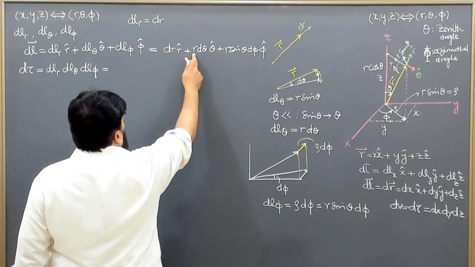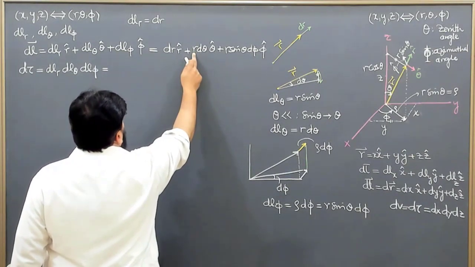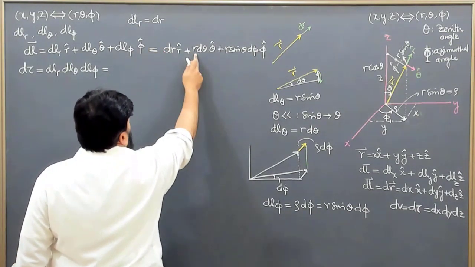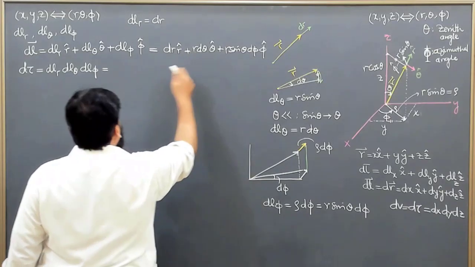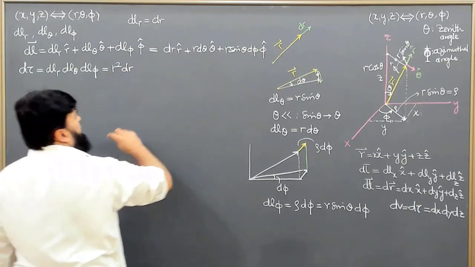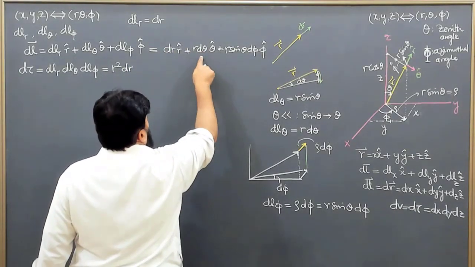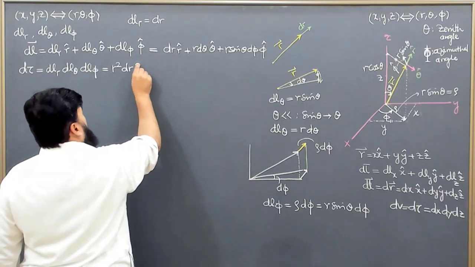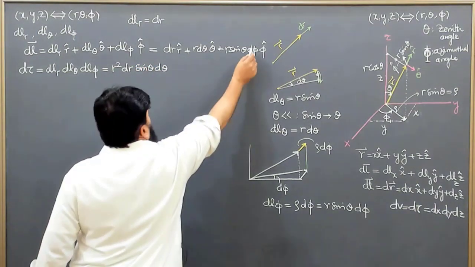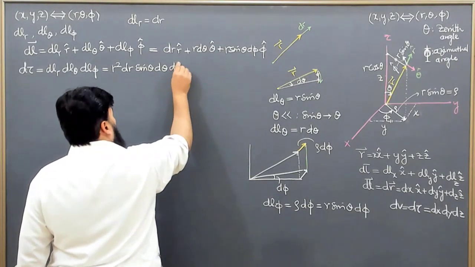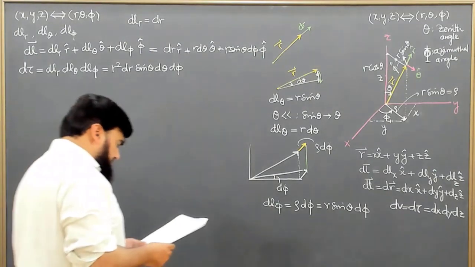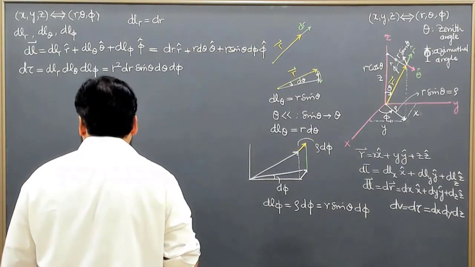So first for r, dr and r, we will have r square dr, then sine theta d theta, and d phi. So this is the volume element which we will later calculate for the sphere.